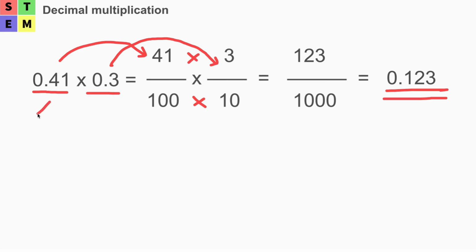Okay, so let's take a look. So again, 41 times 3 equals 123, right? And we have 2 digits here, and we have 1 digit here. Okay, so that means 3 digits in total, right? So basically we got a point here.